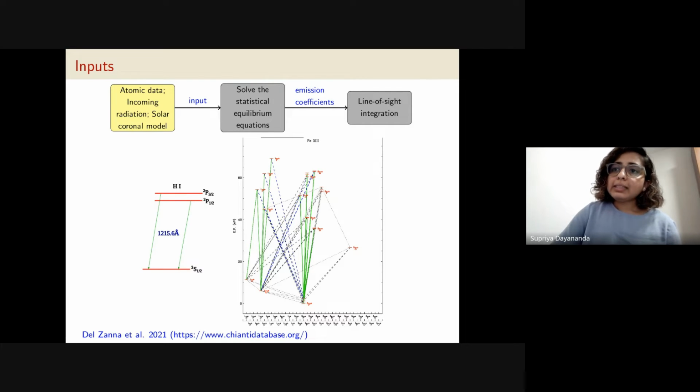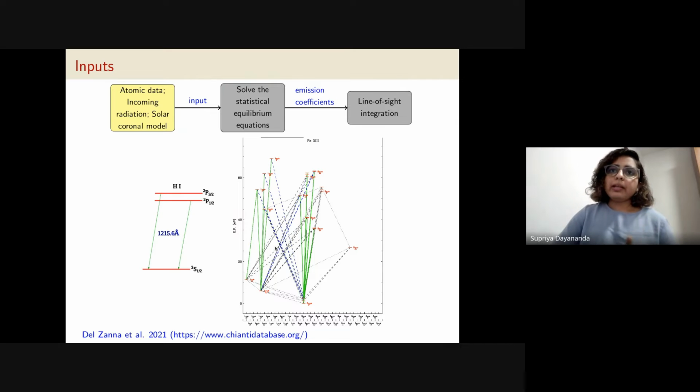But since these levels are so long-lived, in that duration, the radiative and collisional transitions from other upper levels can change the population and other atomic parameters of these lines, which can in turn change your polarization signal. So hence, an accurate multi-level atomic system becomes very important, especially when you are dealing with forbidden lines.